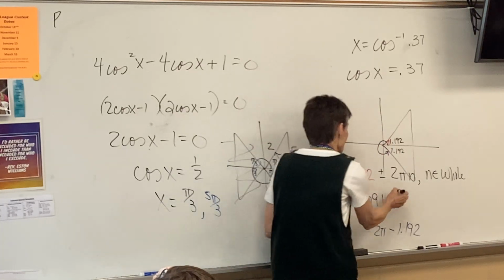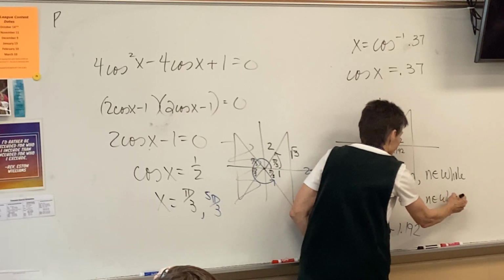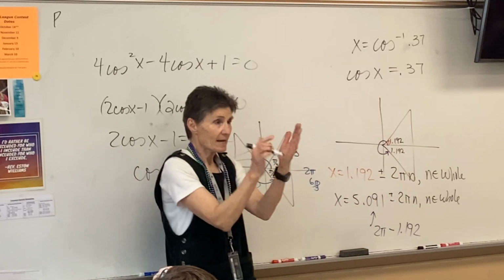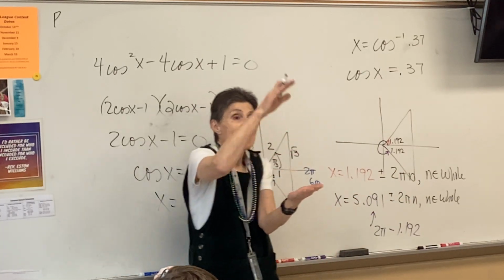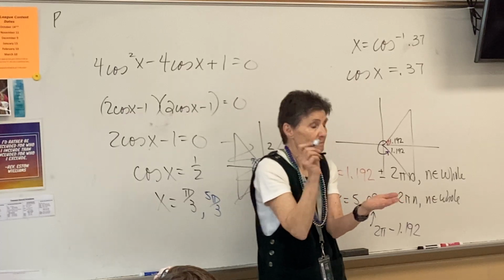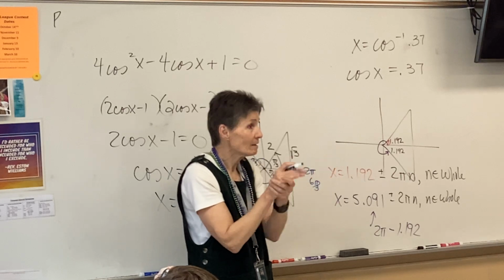And then these, the same thing. This is just a math way of saying, take your angle and add or subtract spins. In radians, a spin is 2 pi.